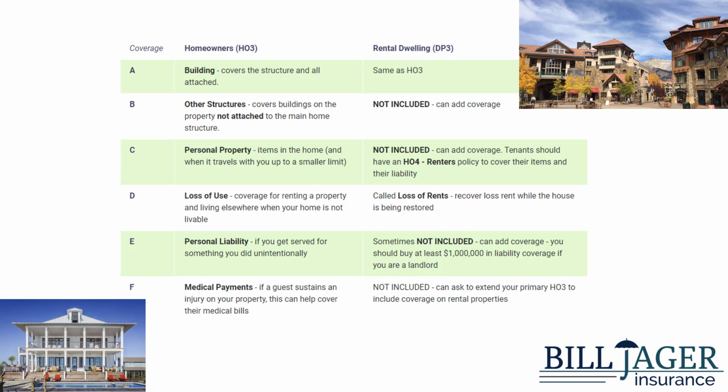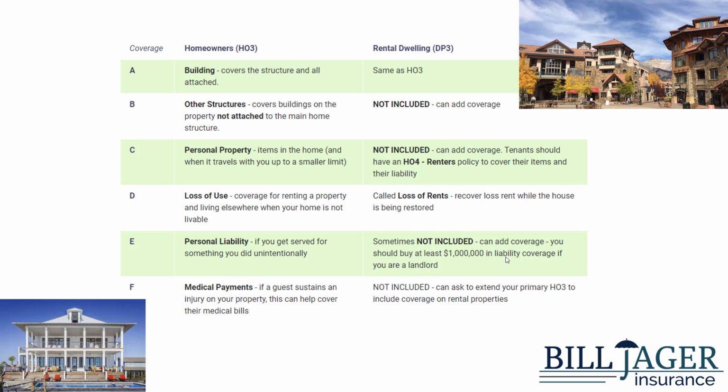Personal liability. If you're served for something that you did unintentionally, maybe somebody falls on the sidewalk that's got a huge crack in it, or it's icy, and you as the homeowner are sued for something like that, your personal liability coverage basically kicks in.